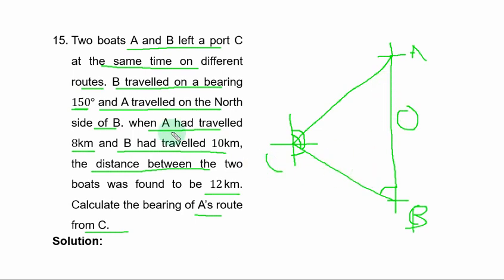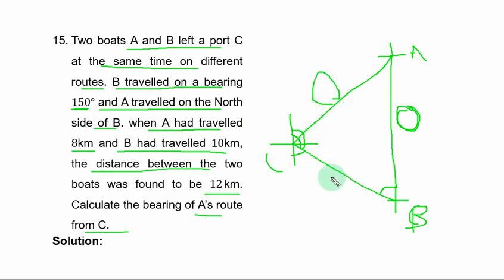When A had traveled 8 kilometers, B had traveled 10 kilometers, the distance between the two boats was found to be 12 kilometers. So here is 12 kilometers. Then A had traveled from the same port, so this is 8 kilometers.